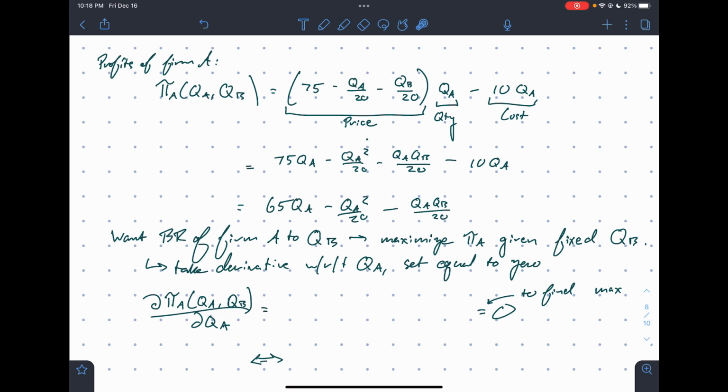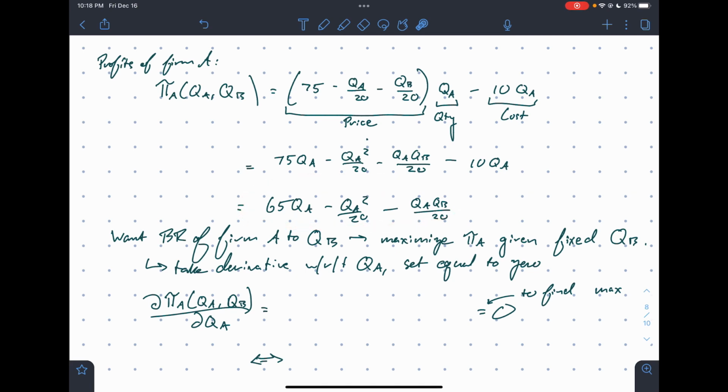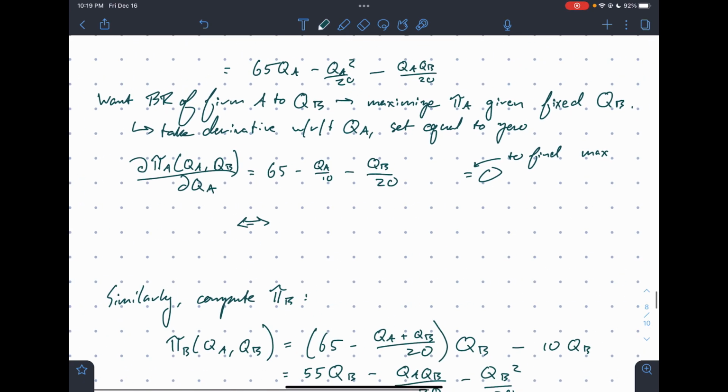So I'm going to find the quantity of firm A which sets this derivative equal to 0, which will give me the optimal quantity. So I'll take the derivative of firm A's profit function, and that's going to give me 65 minus QA over 10 minus QB over 20. I'm going to set that equal to 0 to find the maximum.